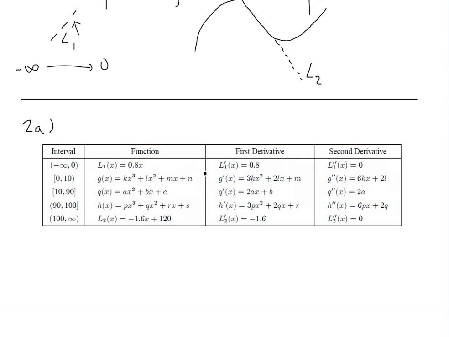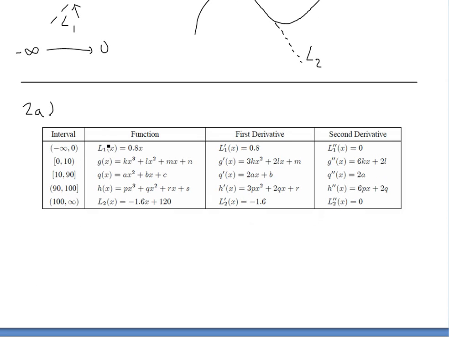And here, just to make it neater, I put it all in a table. So we'll have our 5 functions, L1, G, Q, H, and then L2 of x, and we take the derivative and then the second derivative of each single one of them. And the reason we do this is because we know that the conditions at each of these points, at 0, 10, 90, and 100, have to have equal derivatives and second derivatives.